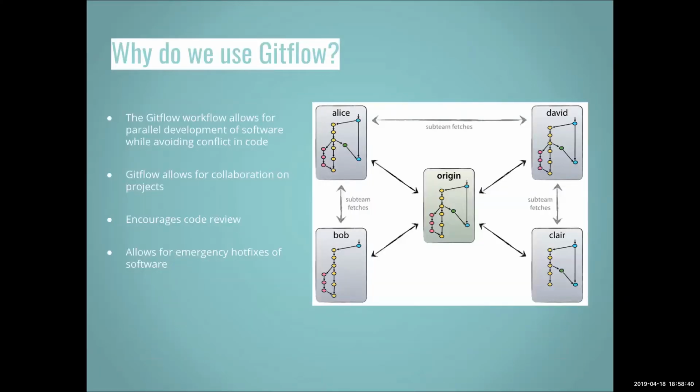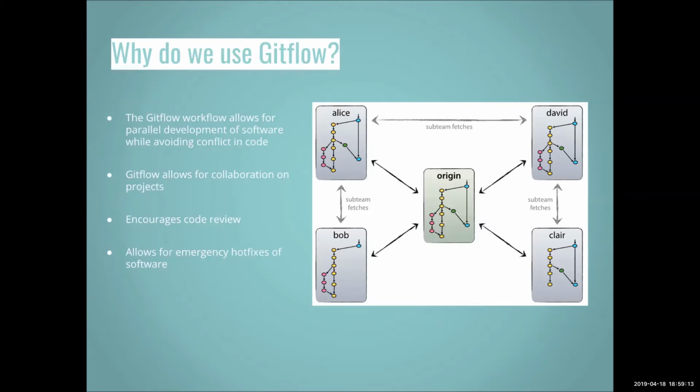All right, so why do we use Git flow? The Git flow workflow allows for parallel development of software while avoiding conflicting code. This graphic illustrates this. The center icon of origin represents the origin of the software that's up on GitHub or Bitbucket. You have Alice, David, Bob, and Claire that are all pulling from this origin repository to their local laptops, and they're doing various types of features and development on it.